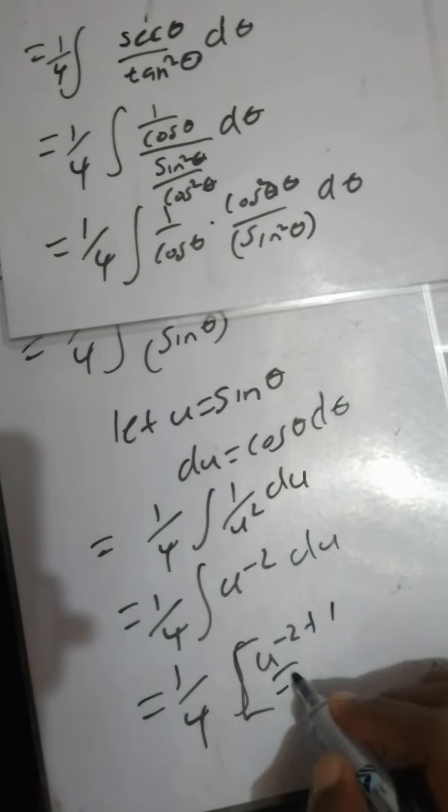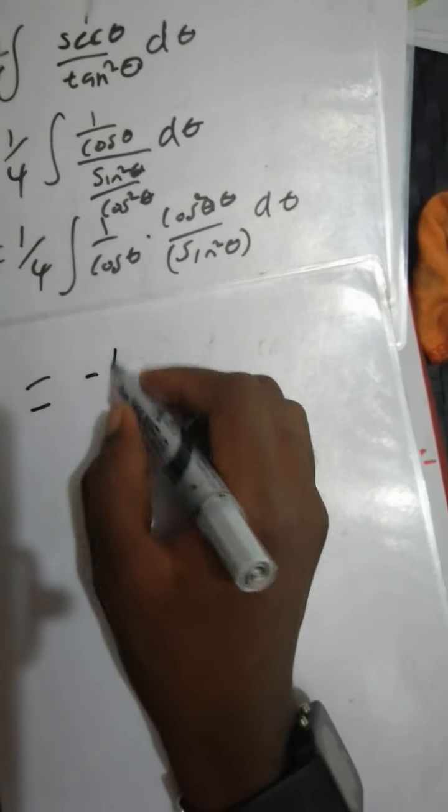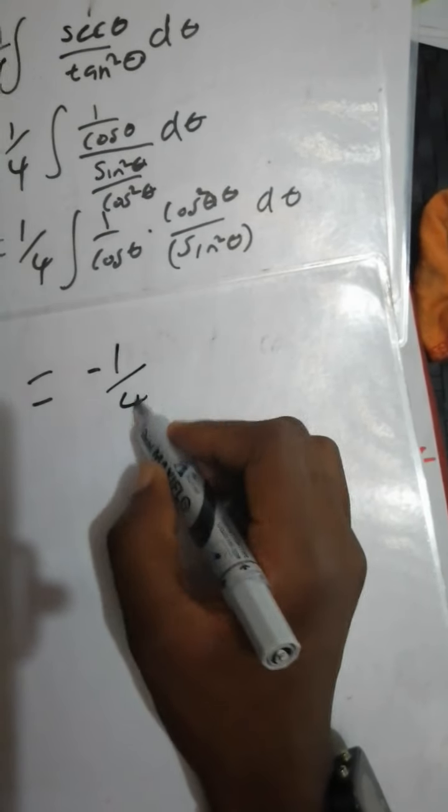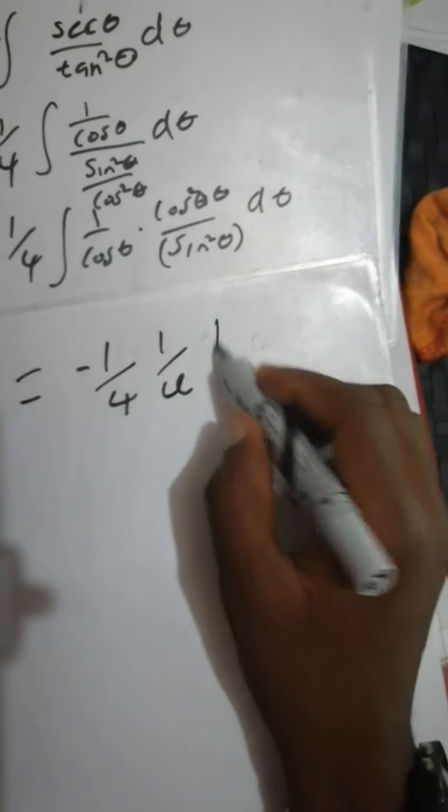Let's integrate that. 1 over 4 times u to the power negative 2 plus 1 over negative 2 plus 1, plus c. So this is going to be negative 1 over 4 times 1 over u plus c.